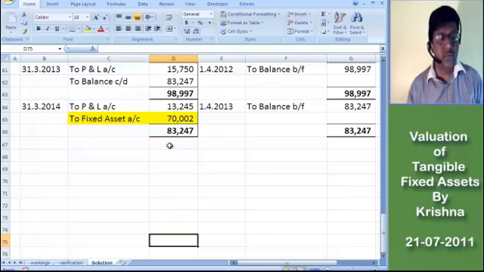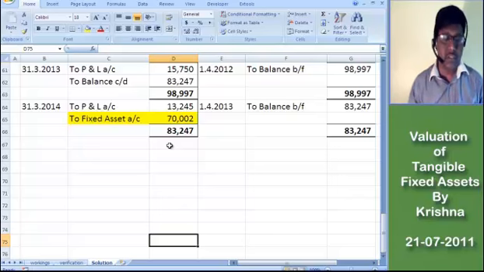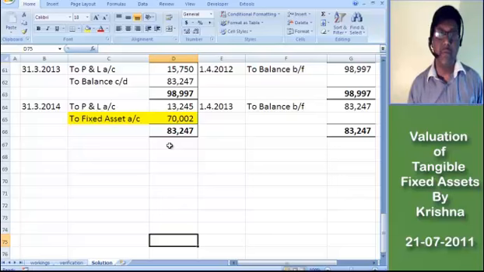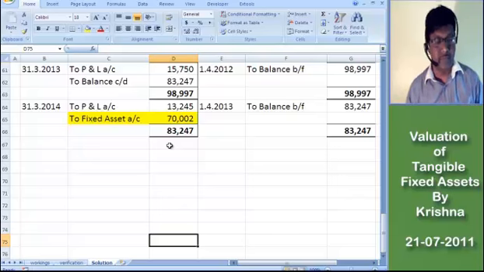We have to increase the net book value by way of crediting the revaluation reserve account and debiting the asset account. This is for the first time revaluation in the upward direction. For this, we have to debit the fixed assets and credit the revaluation reserve account.